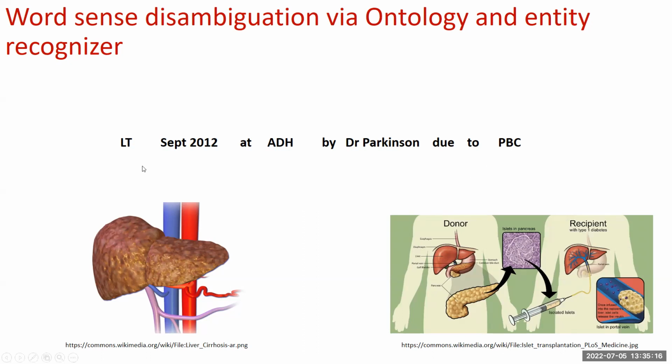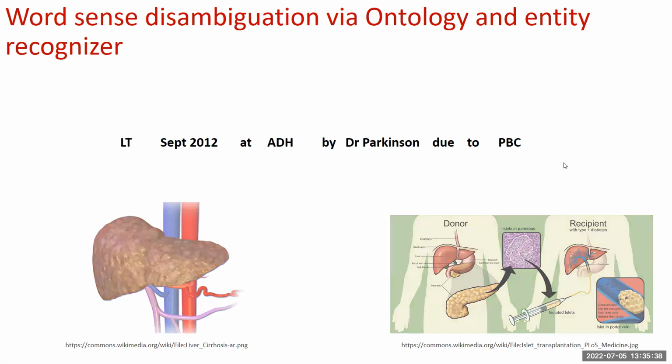So what does it mean? Liver transplant, this is the name of a hospital, Arkansas Department of Health, by Dr. Parkinson due to PBC, primary biliary cirrhosis. So I think whoever deals with livers and transplants will normally understand this.